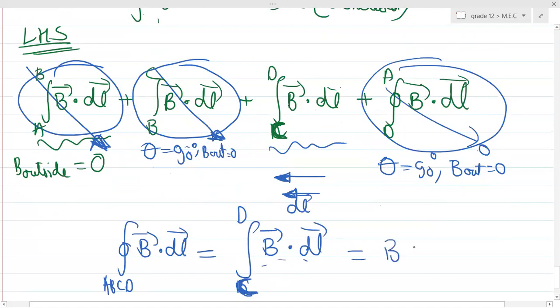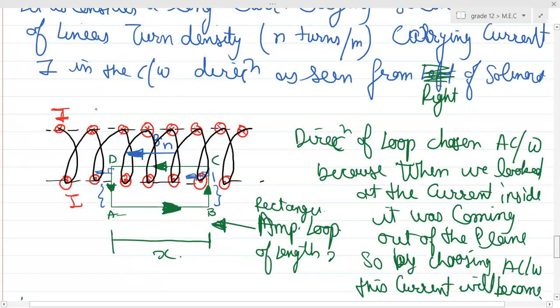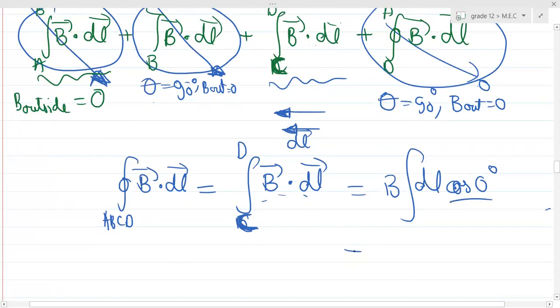So I can write B here. Since we know the magnetic field is uniform inside, it becomes something like this. And what is this length from C to D? If you integrate the whole length, it becomes x. So the left hand side of the equation becomes only B multiplied by x. Is this clear, guys?